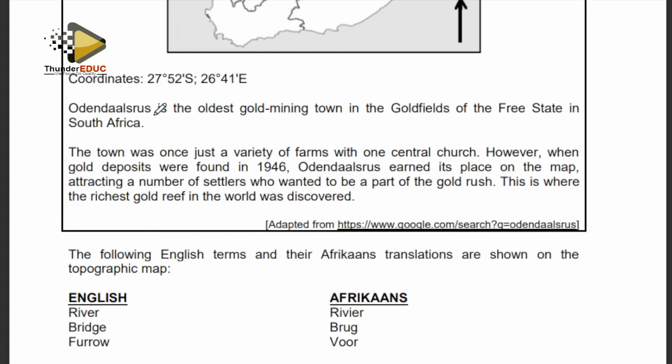Odendaalsrus is the oldest gold mining town in the gold fields of Free State in South Africa. Okay. The town was once just a variety of farms with one central church. However, when gold deposits were found in 1946, the area earned its place on the map, attracting a number of settlers who wanted to be part of the gold rush.